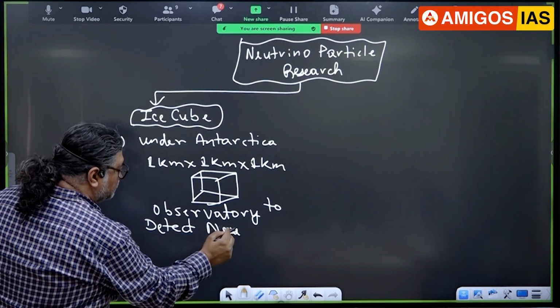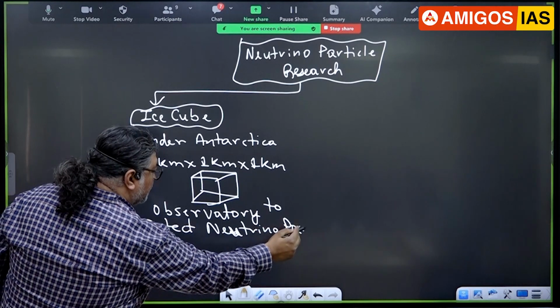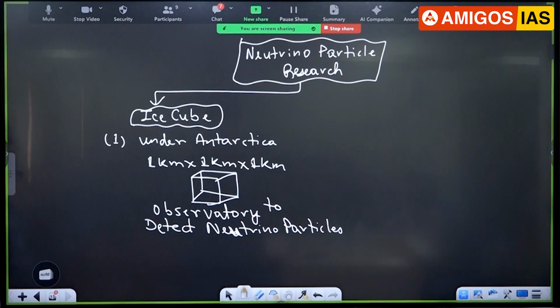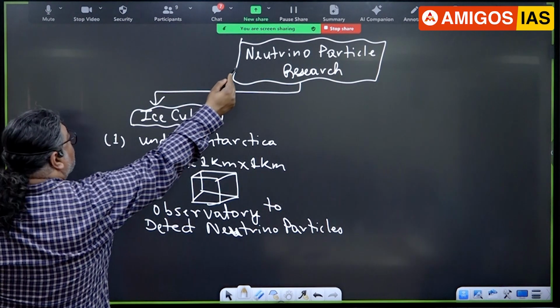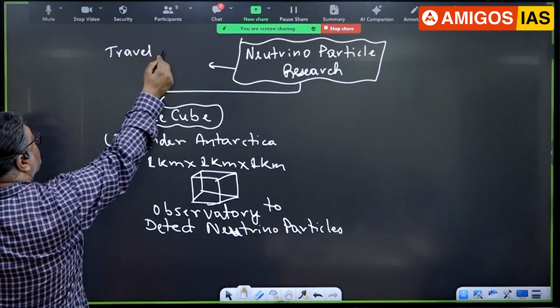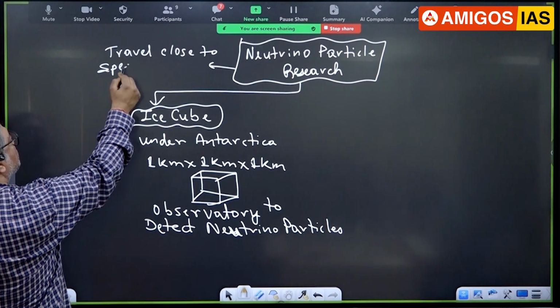to detect neutrino particles. Neutrino particles are subatomic particles which are emitted from the sun and stars. They're called cosmic messengers. They're very, very fast. Neutrinos travel close to the speed of light.